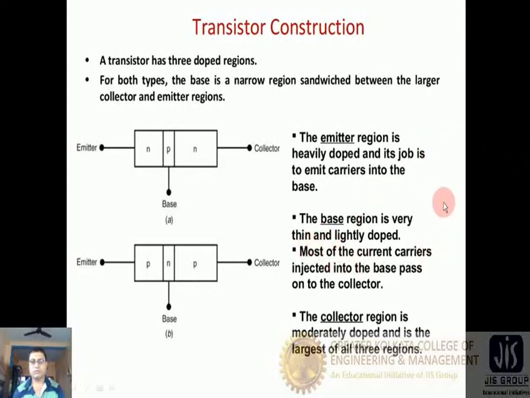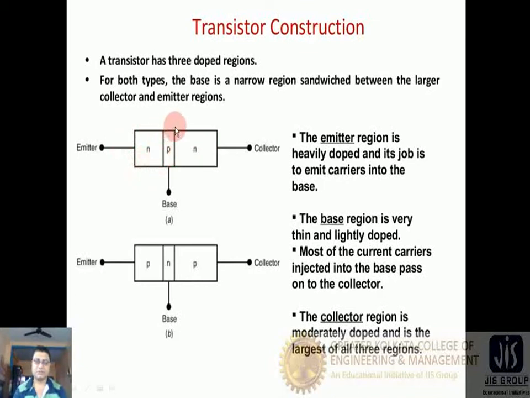Most of the current carriers injected into the base pass on to the collector. The collector region is moderately doped, and it is the largest of the three regions, because the collector region collects all the carriers coming from the emitter. So here you can see two main things.